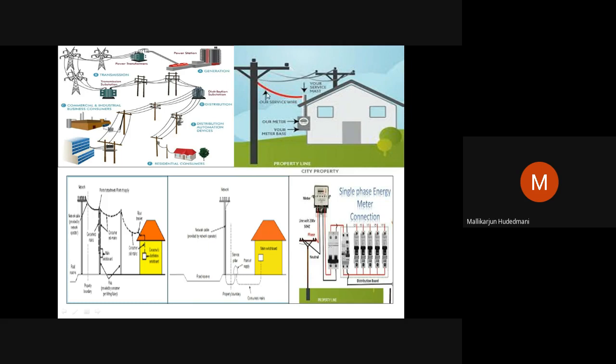There is a close image. There is an electric distribution company pole and conductors are running. From there, an overhead cable is drawn to the premises. This is another way of looking at it. Then in the left and lower part, you can see three images.